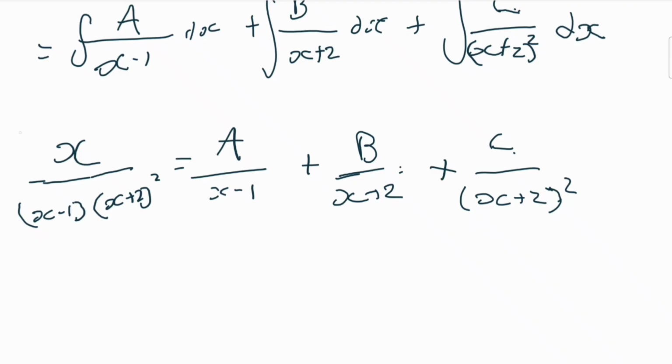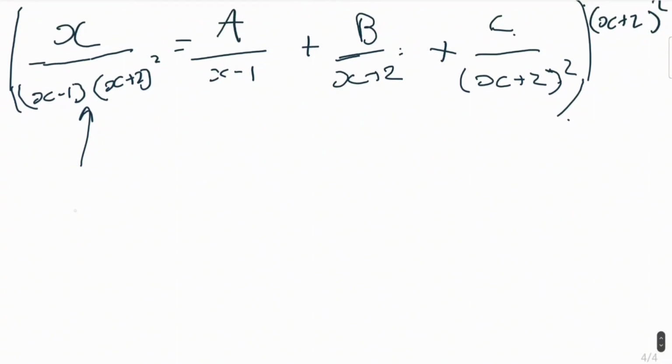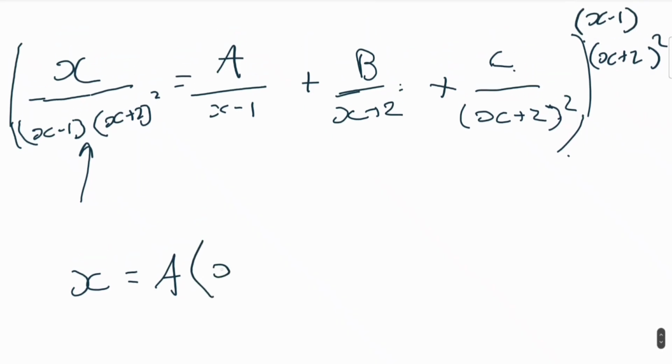Now here we're actually going to multiply by this whole denominator expression, x minus 1 times x plus 2 squared.